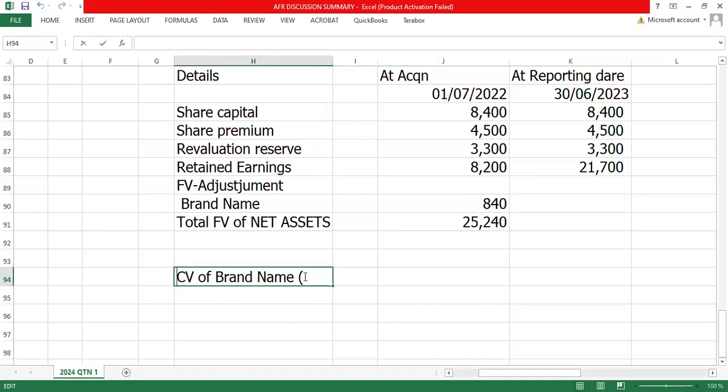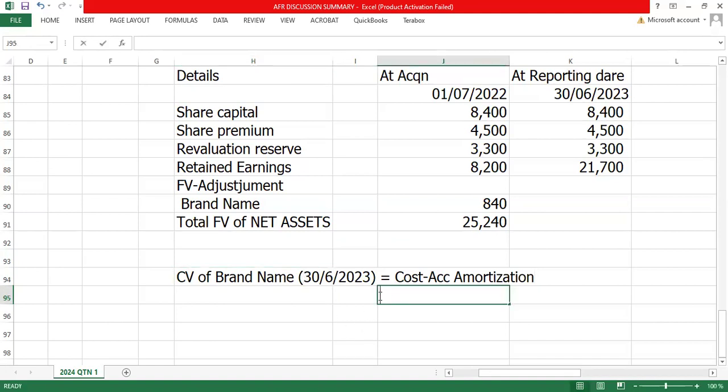Then what is the carrying value of the brand name as at 30th June 2023? You get the cost minus accumulated amortization. The cost is 840 minus the accumulated amortization.